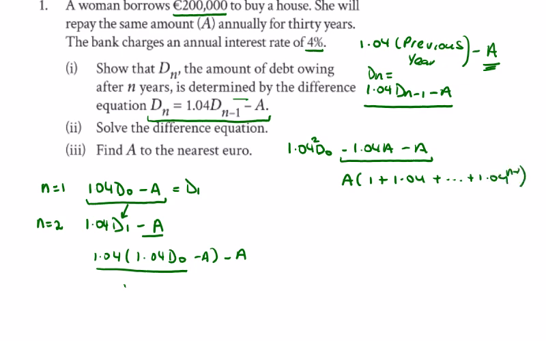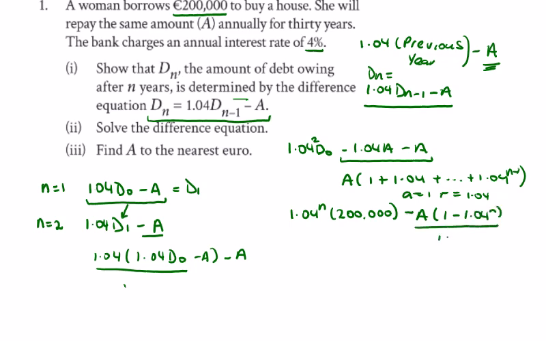So we have 1.04 to the power of n by 200,000 minus this geometric progression where a is equal to 1 and r is equal to 1.04. So we factor out the A, and it's 1 times 1 minus 1.04 to the power of n over 1 minus 1.04. This could be written the other way around if you want. So we end up with what we're asked.